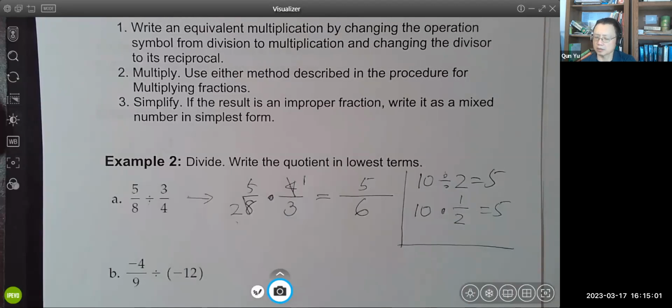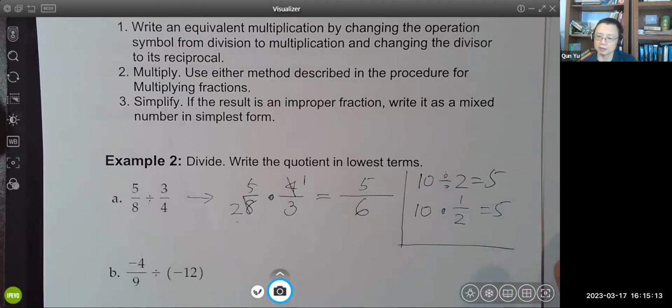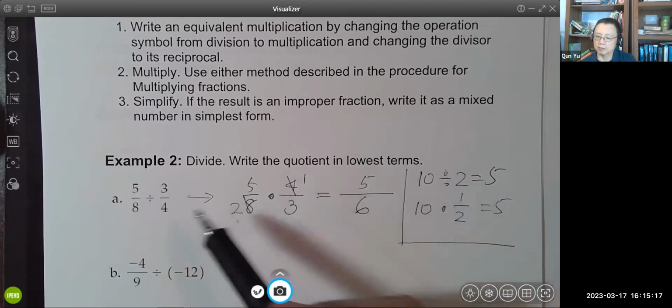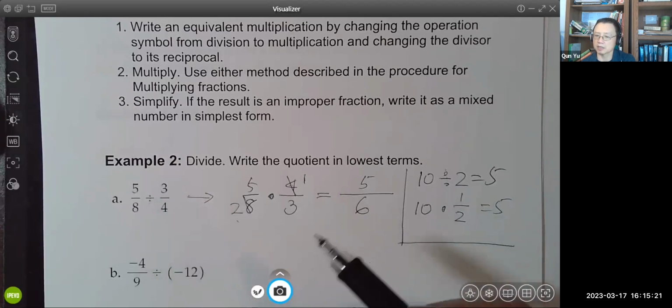In other words, changing division to multiplication and then changing the second number to its reciprocal is because of the relation between these two operations, not because we have a fraction in the division, okay? The reason we use this method for division by a fraction is because otherwise many people will make a mistake.